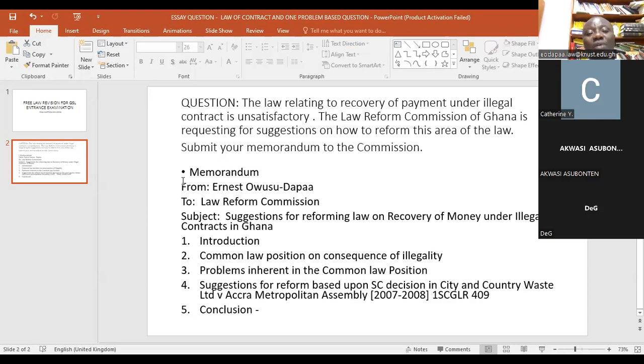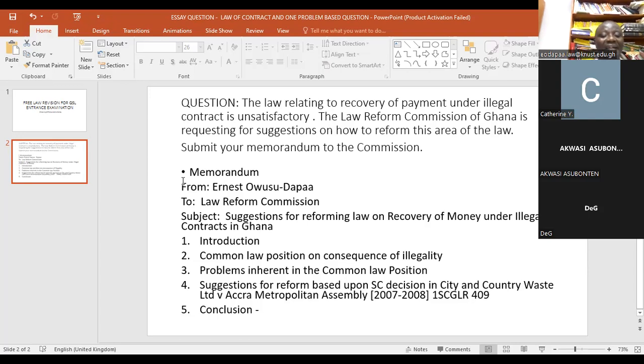If you look at this question, what I have put there as a subject is not the only way in which you can frame it, but I think it's a sensible attempt to capture the heart of what we are directed to do. In the sample, I just stated suggestions for reforming law on recovery of money under illegal contracts in Ghana.